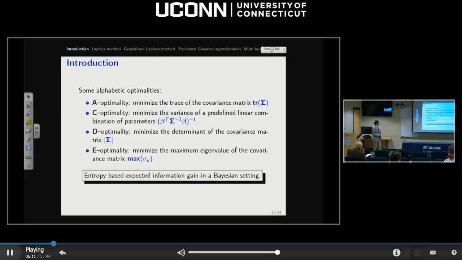And for D optimality, we want to minimize the determinant of the covariance matrix, which is the volume of the uncertainty. And also E optimality. All these are for linear models. For nonlinear models, we would like to use the entropy-based expected information gain in a Bayesian setting.